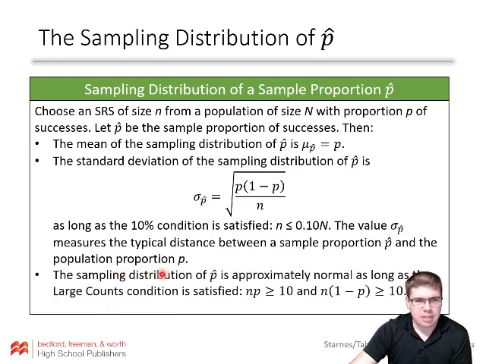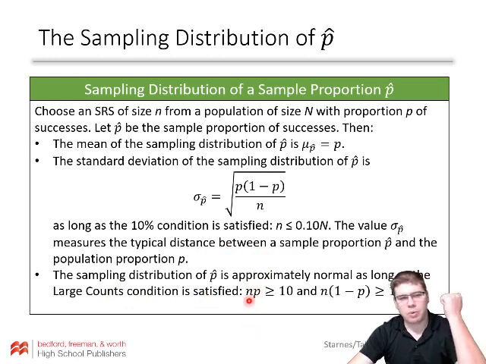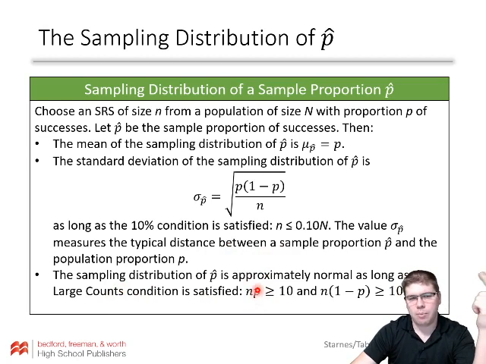And then finally, the sampling distribution of p-hat is approximately normal. We get that normal shape as long as the large counts condition is satisfied. It's a combination of a larger sample being good, and p not being too close to 1 or 0, and both of these check for that. n times p needs to be at least 10, the expected number of successes, as you remember from binomial.